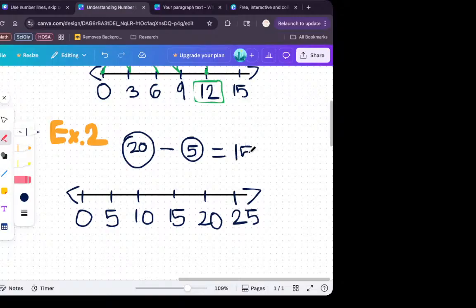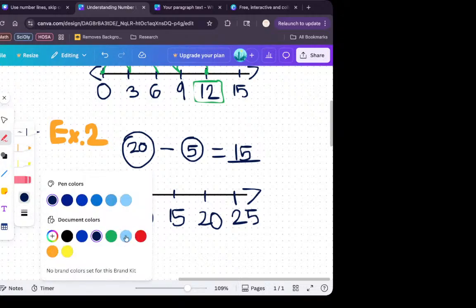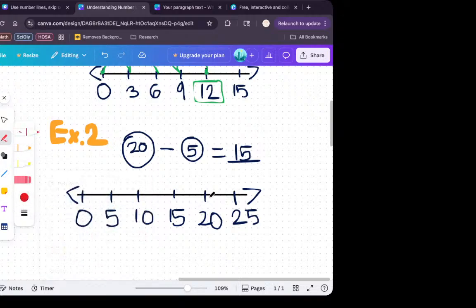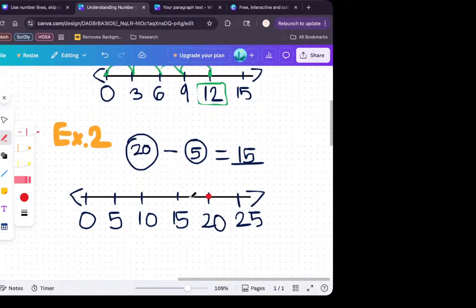But if the problem is asking us to show how we got it, we can use a number line to represent the number of cookies. So we are going to use red. We are going to start at 20. Always draw a dot at where you're beginning. Since we are counting by 5s here, 1 jump is equal to 5.